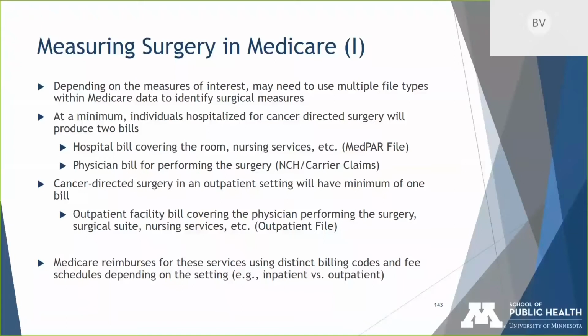Keep in mind, and we'll look at some examples in a moment, that Medicare reimburses for these services using distinct billing codes and fee schedules depending on the setting, and they don't cross settings. So you'll have to keep that in mind as you're looking for evidence of treatment between the different settings.